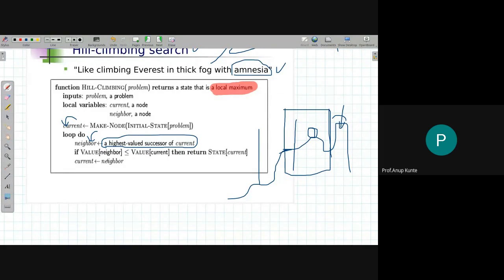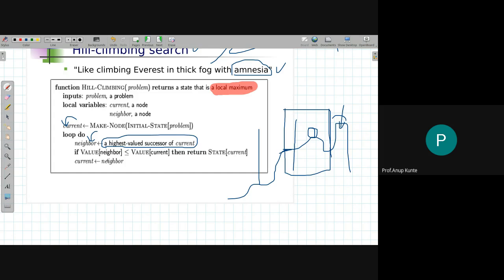Okay, now I have two nodes, one is the current node, one is the neighbor. Neighbor is the immediate successor with the highest value. So we will check the value of neighbor against the value of current node. If the value of neighbor is less than or equal to the value of current node, then return current state. Means what?